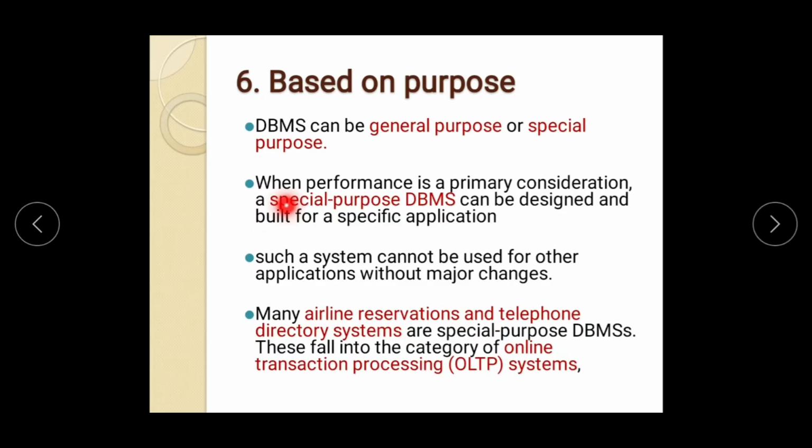For example, banks have their own specialized database management systems. They are not using general purpose systems. They have their own databases and their own software. So when performance is the primary consideration, we will be using the special purpose DBMS.